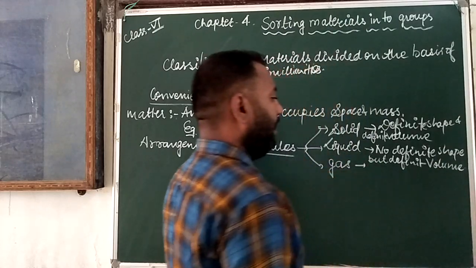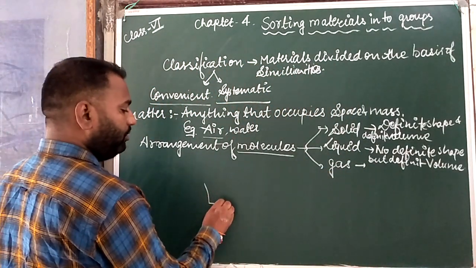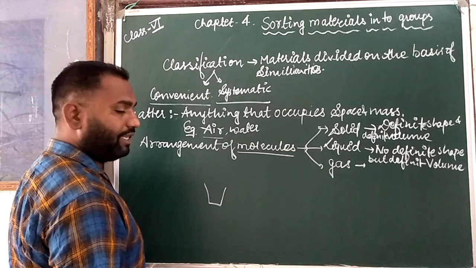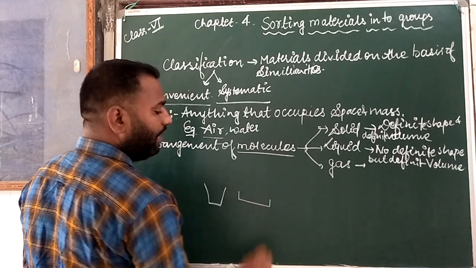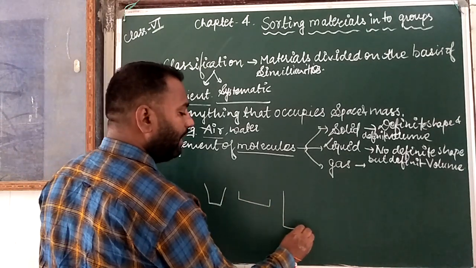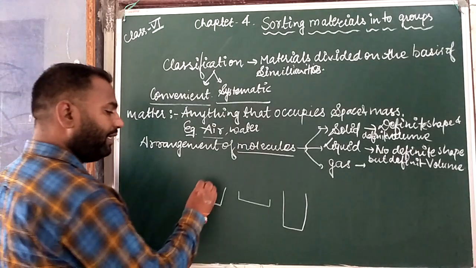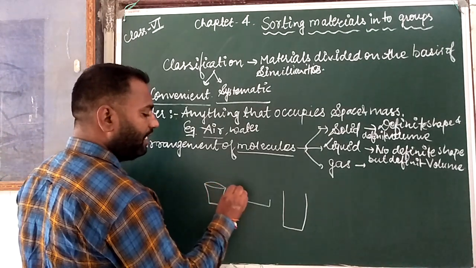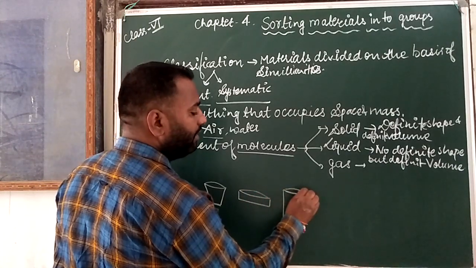Like you take one glass, one utensil of this shape, and another utensil of this shape. These three have different shapes. I hope you are understanding what I am telling here.